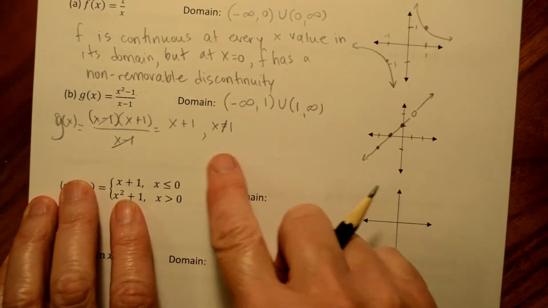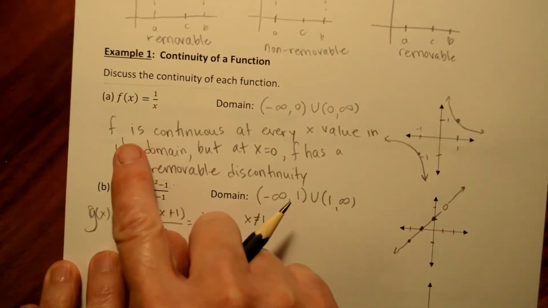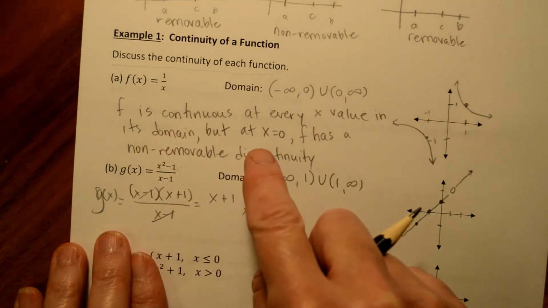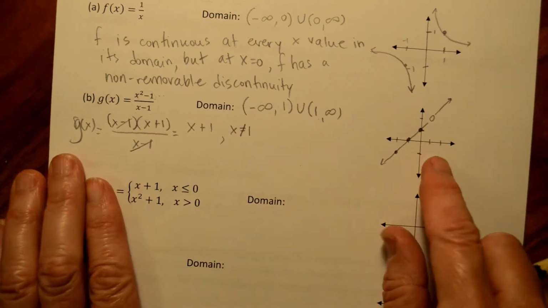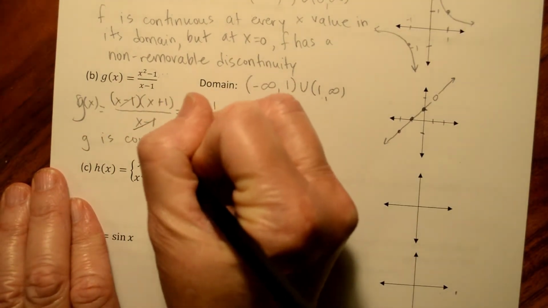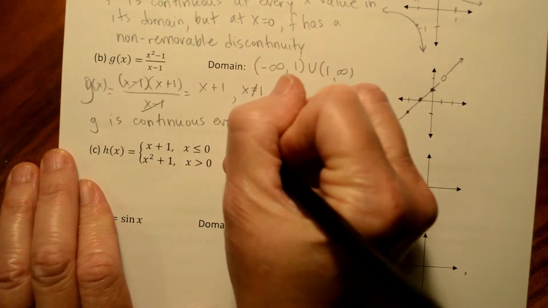Okay, so when we're talking about the continuity of this function, we would say, again, similar to what we wrote right here, where it's continuous at every value in its domain, but we have a problem here at 1. So we would say g is continuous everywhere in its domain.